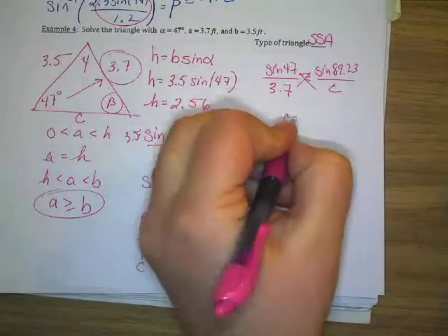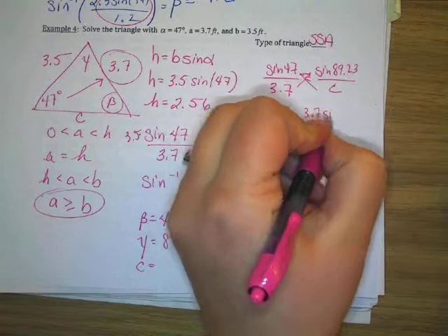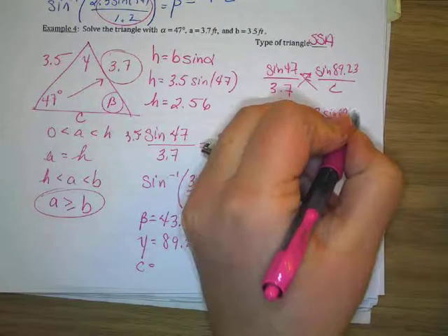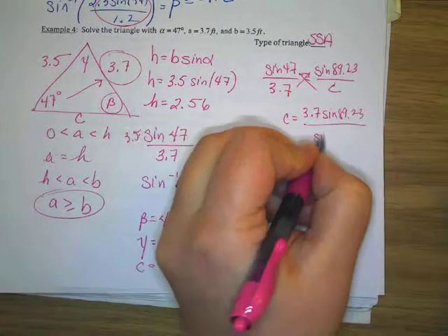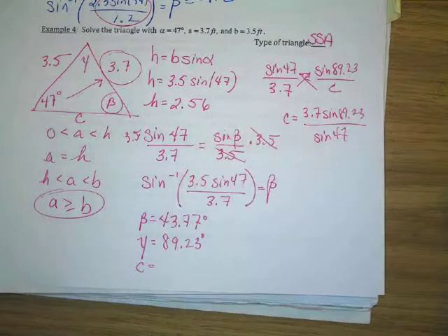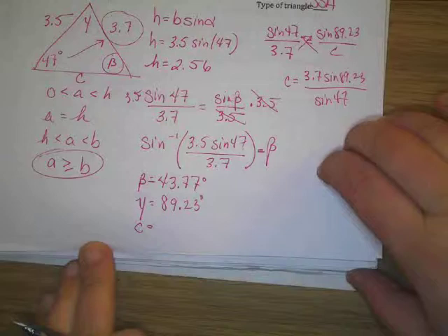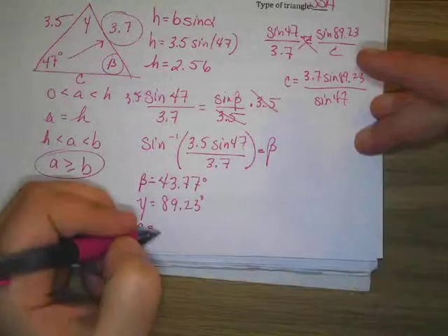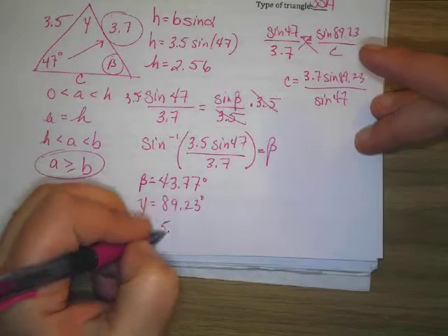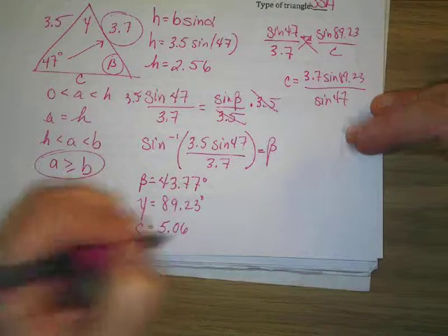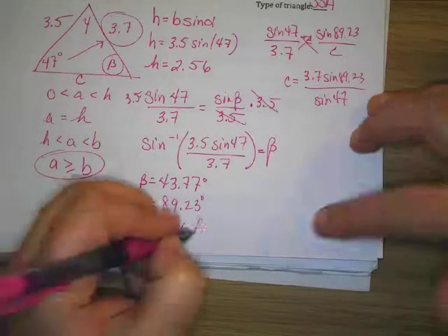So you should get C is same as this. What'd you guys get for C? 5.06-ish. And what are we? Oh, feet. Good.